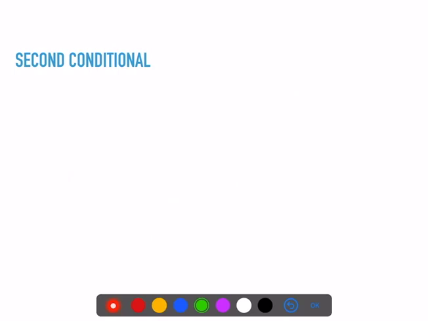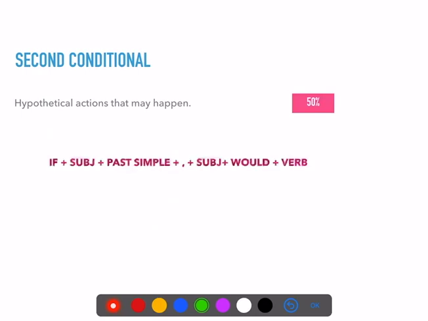Well, second conditional. The second conditional is a hypothetical action that may happen. It means that it's 50% sure it will happen, but it may not, okay? And the structure is almost the same. If plus subject plus past simple plus comma plus subject plus would plus verb.